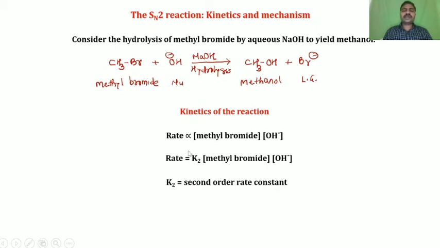Here k2 is the second order rate constant. So this SN2 reaction depends on the concentration of the substrate as well as on the concentration of the nucleophile. So this is a second order reaction.